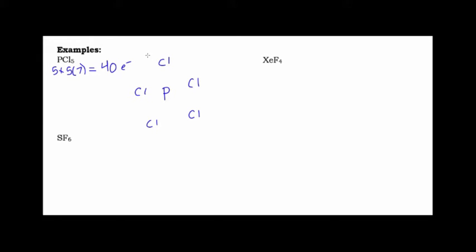All right, let's draw one bond between each. 1, 2, 3, 4, 5 bonds. So that's 2, 4, 6, 8, 10 electrons that we've used up so far. So we have 30 left to go.